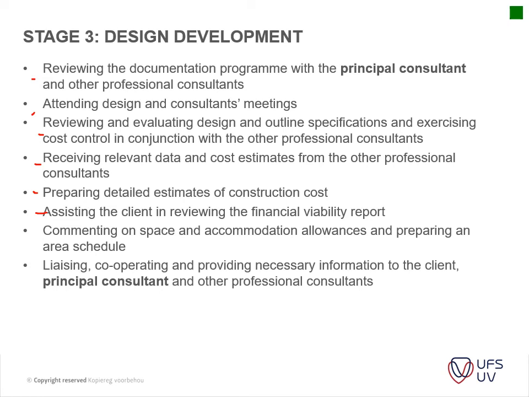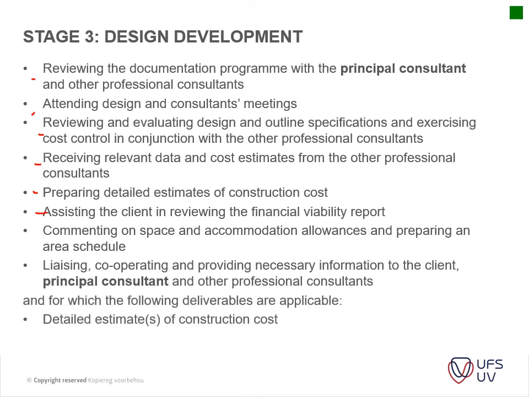Is there any information still outstanding from any of the professionals that might influence these decisions? And the outcome is a detailed estimation, usually an elemental estimate. An area schedule is provided, and that's usually the outcome of stage 3.